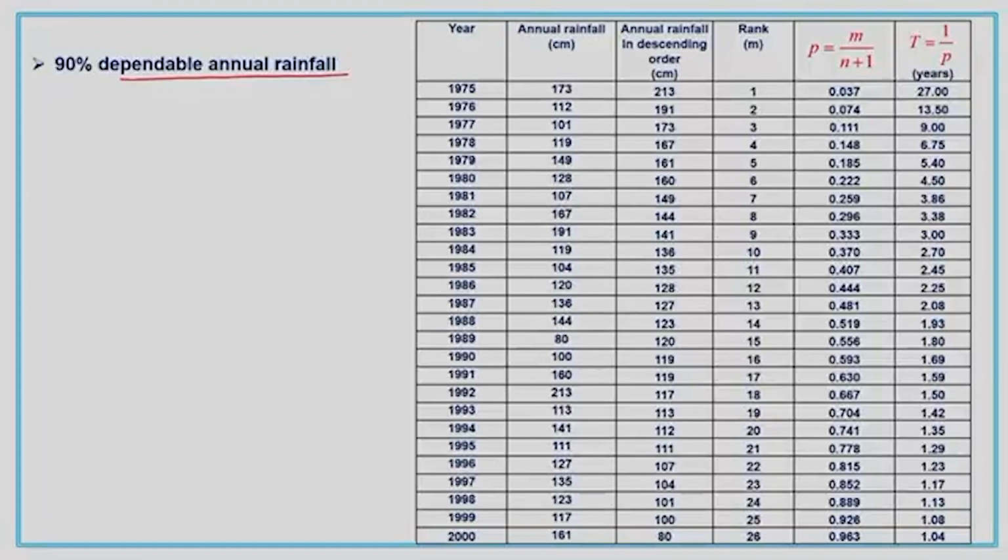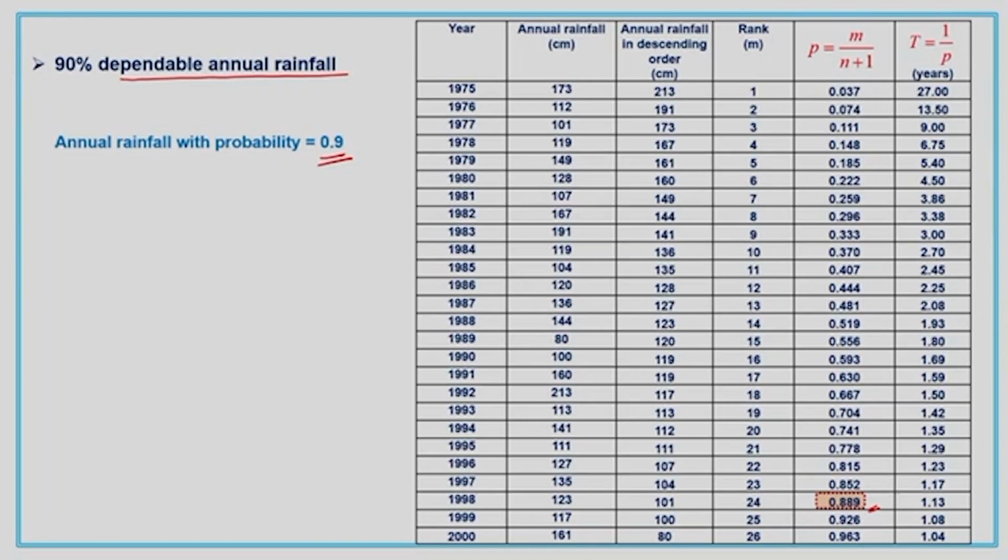So, we can make use of the table again. 90% is the probability given to us. So, annual rainfall with a probability of 0.9. You observe the table for any value of probability corresponding to approximately 0.9, that is 0.889. If it is not there, if it is something like 0.86, then you have to go for interpolation between the two values.